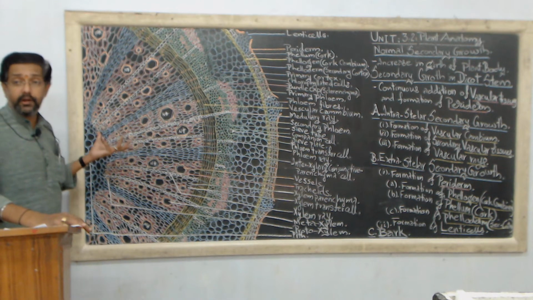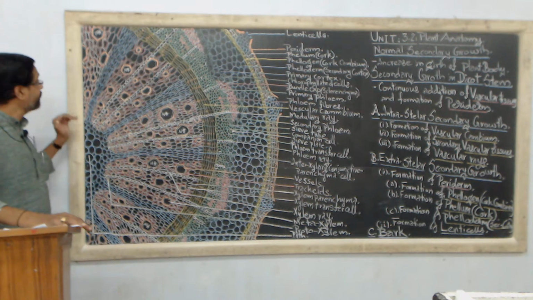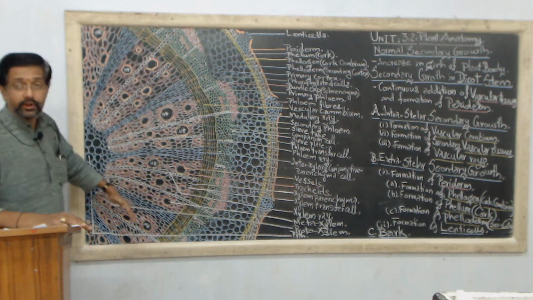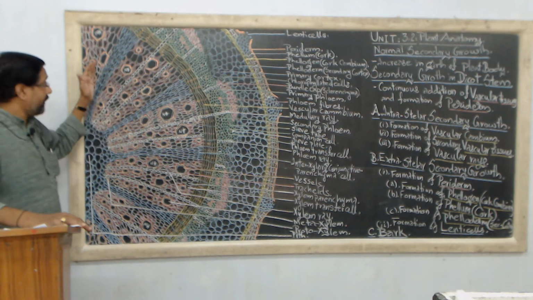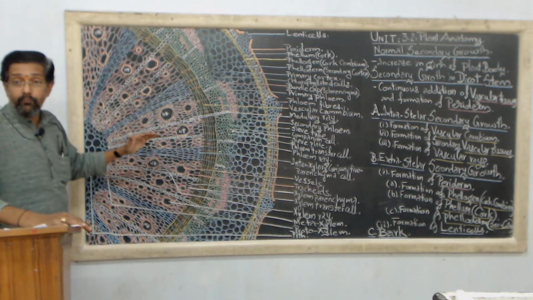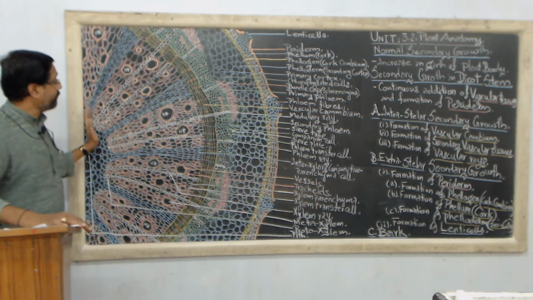It contains an entire or reduced pith at the center, and the inner or major portion of the stem in cross section contains the xylem, one of the complex vascular tissues.